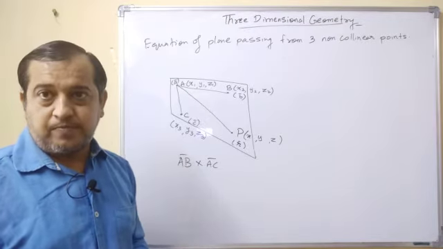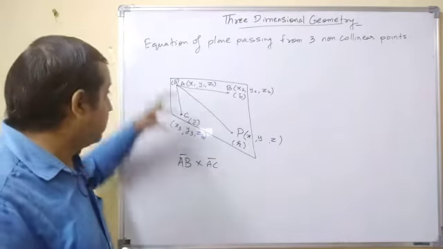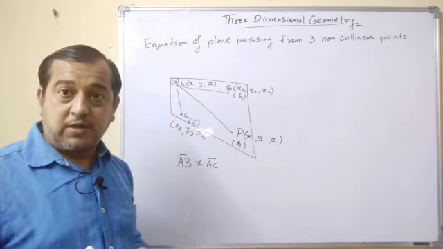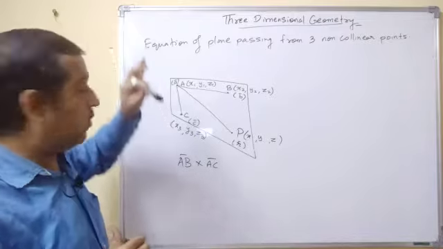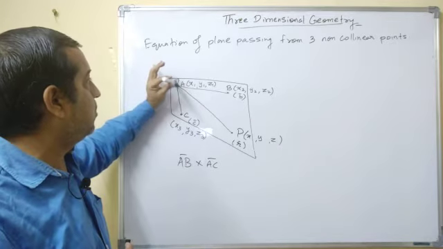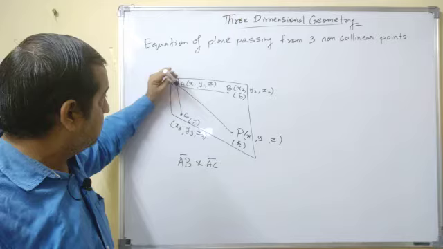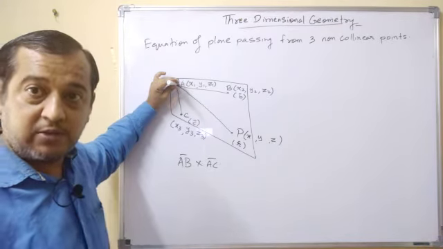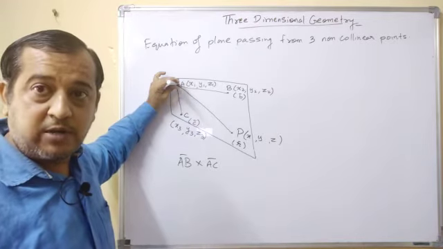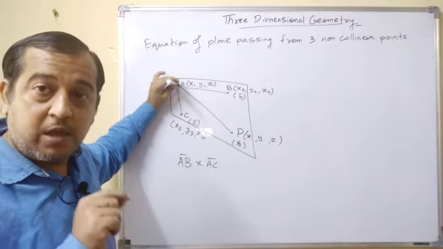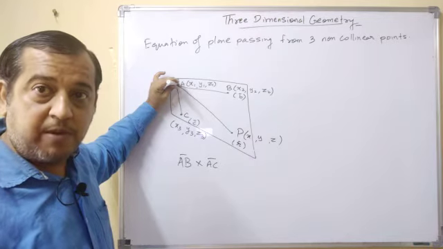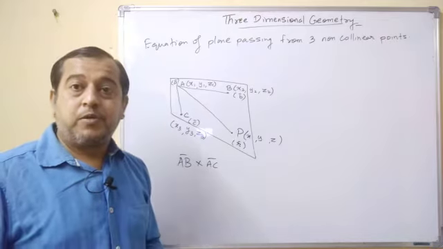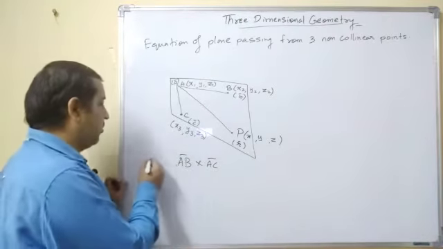Now what is the cross product? These two vectors lie completely in this plane. When we consider any two vectors and find their cross product, it is perpendicular to both vectors, vector AB and vector AC. In short, it is perpendicular to the complete plane. If it is perpendicular to the complete plane, it is perpendicular to this vector AP also.